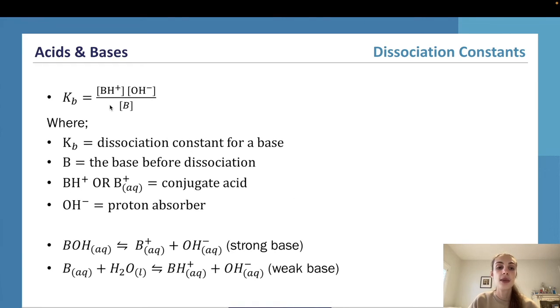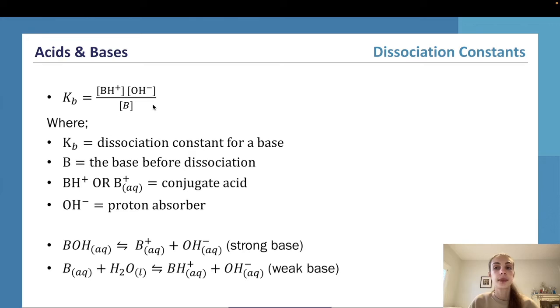And so we can see that that's then been applied to our Kb, where we've got BH+ times OH-. So that's our conjugate acid times our conjugate base divided by B, so that being divided by the base.